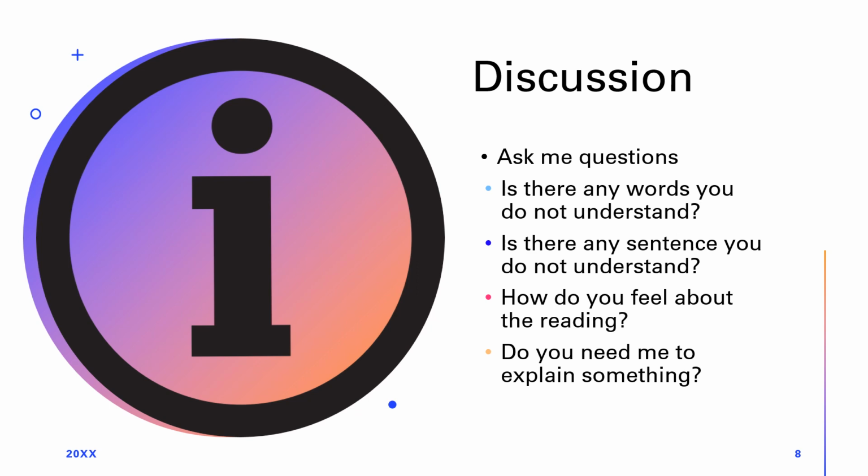This is where you're going to ask me if there were certain words that you don't understand, or certain sentences that might have confused you. So this is where you are going to find clarity, right? At any stage, if you're unsure about something, I want you to ask me right now if there were any words or sentences or anything that might have confused you within the passage.